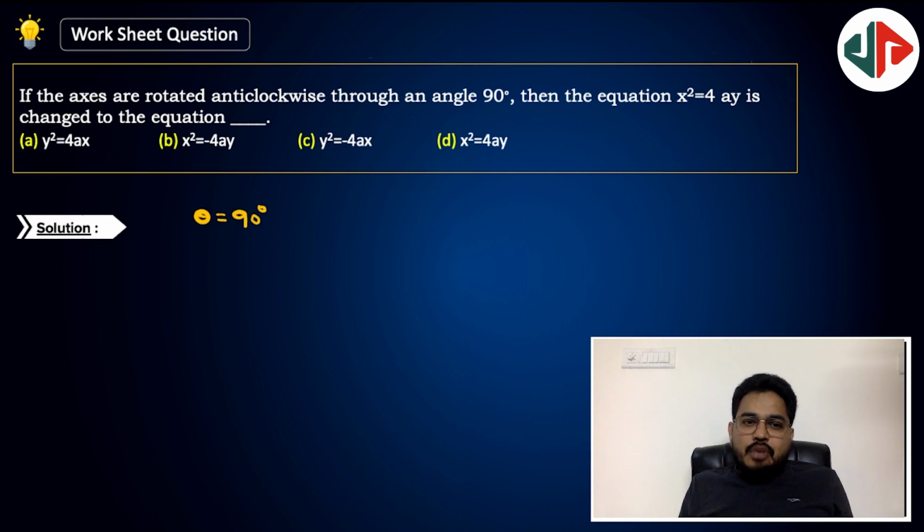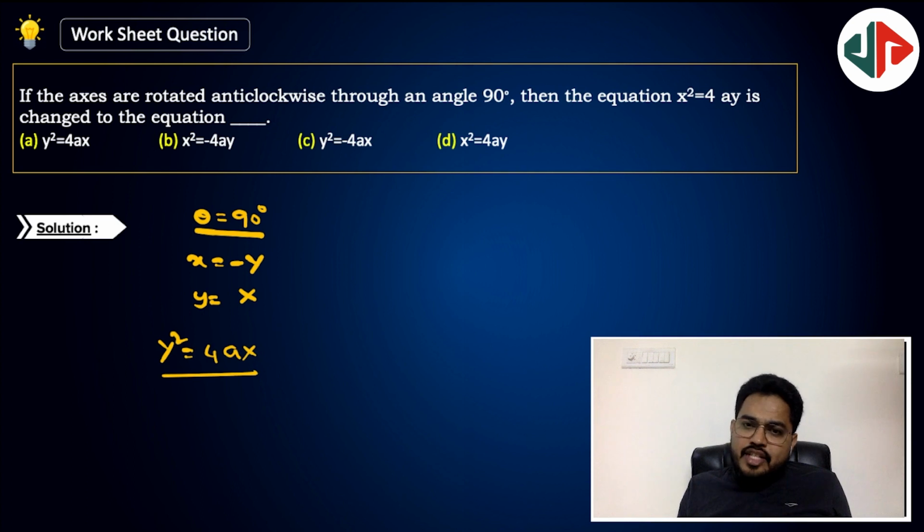Small x is equal to capital X cos theta minus capital Y sin theta. So with theta equal to 90 degrees, small x is equal to minus capital Y and small y is equal to capital X. So from here this equation is going to be y square is equal to 4ax.